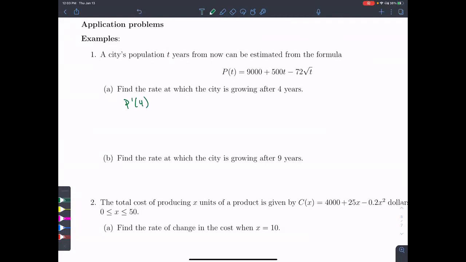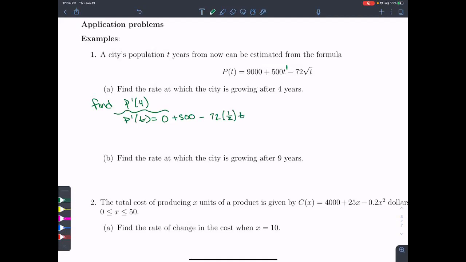So we need to first find P prime of T, which would be 0 plus 500 using the power rule. The derivative of a constant is 0, the derivative of 500 t to the first, that t would become t to the 0. And then minus 72 times 1/2 times t.